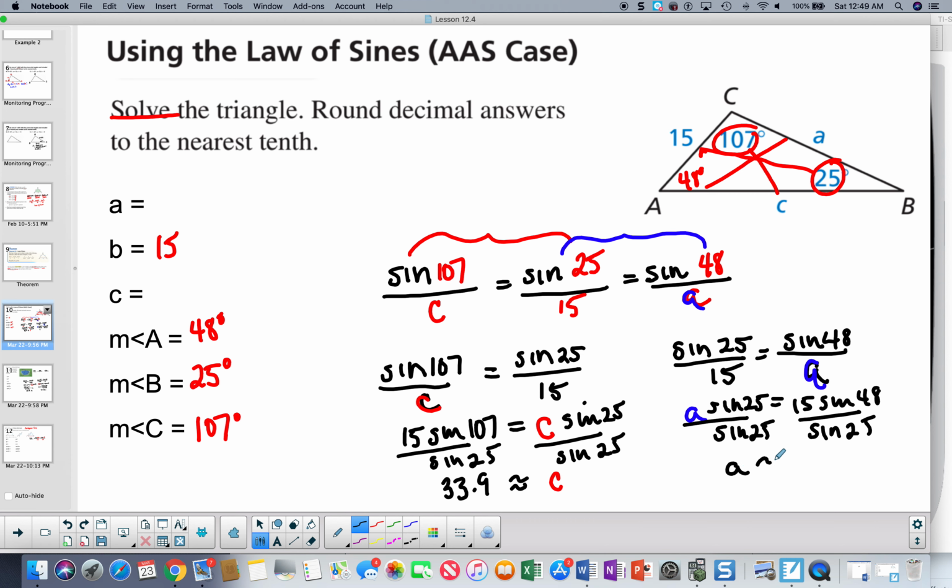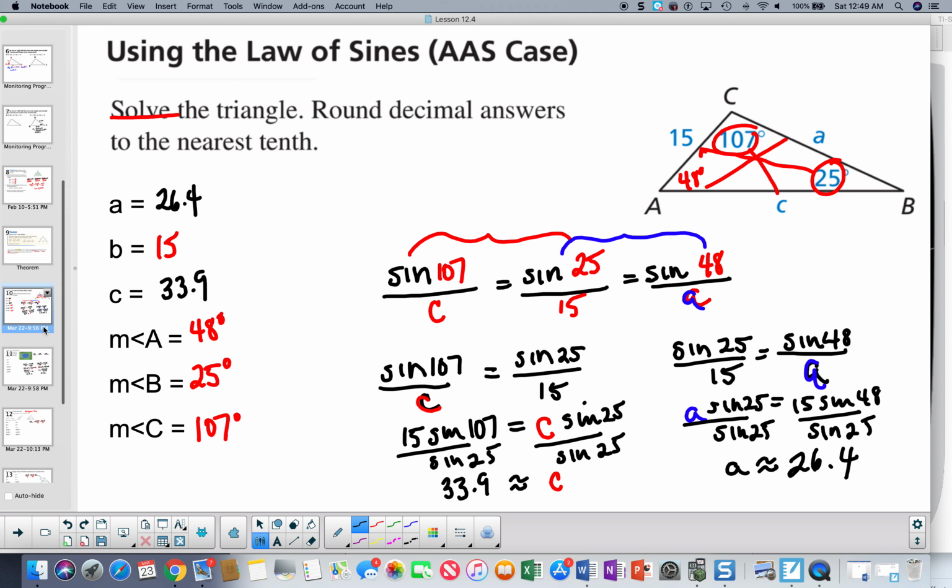And we're going to get A is approximately 26.4. So we're going to put that over here, 26.4, and C is 33.9. And now we have solved the triangle.